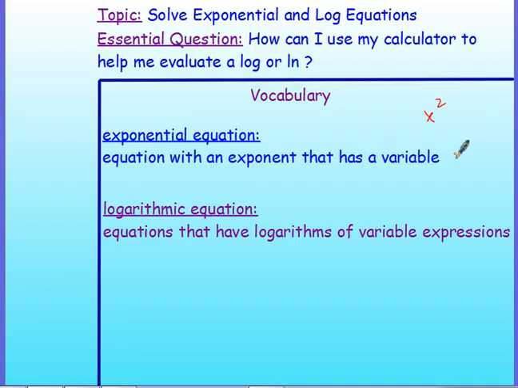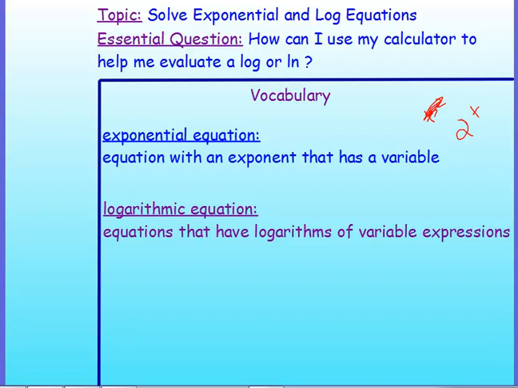No, it has an exponent, but the variable is not the exponent. Does that make sense? Okay? But if I had 2 to the x power, would that be considered exponential? Yes, because now the variable is my exponent. That's the difference, okay? And then of course, logarithmic equations are equations that have logarithms, duh, of variable expressions, okay? So they have log of something, of an x, okay?